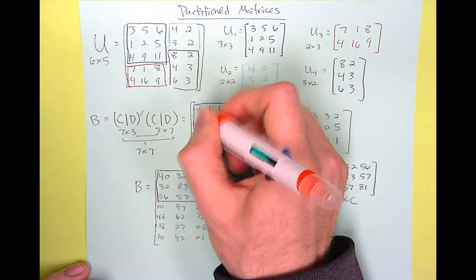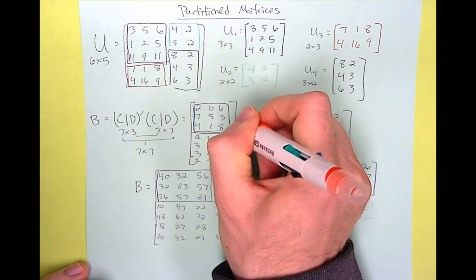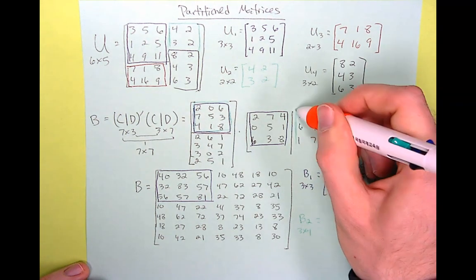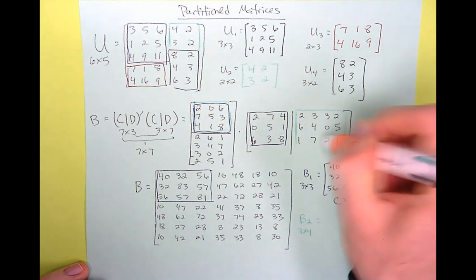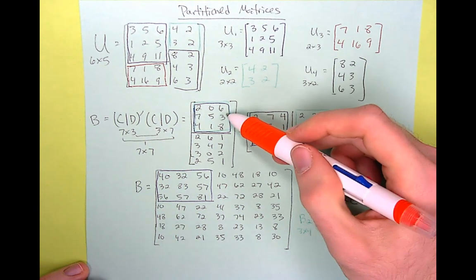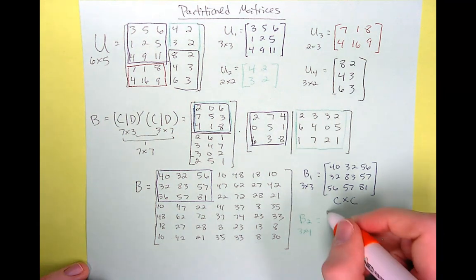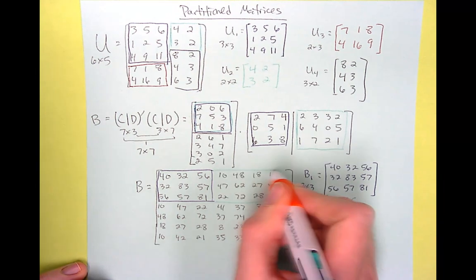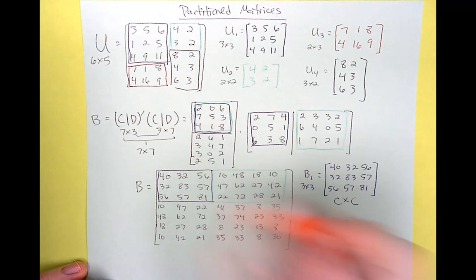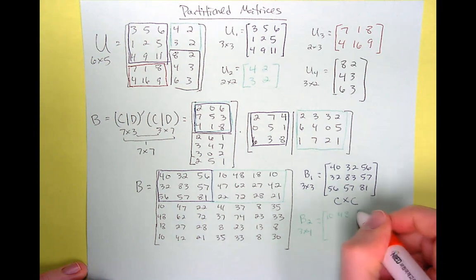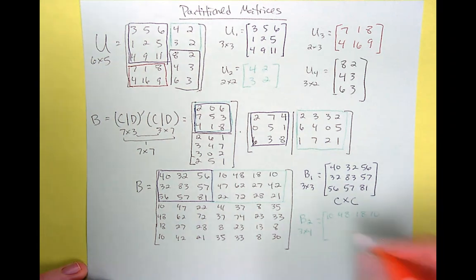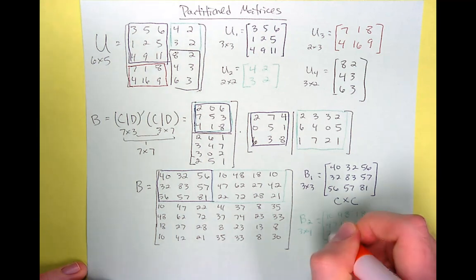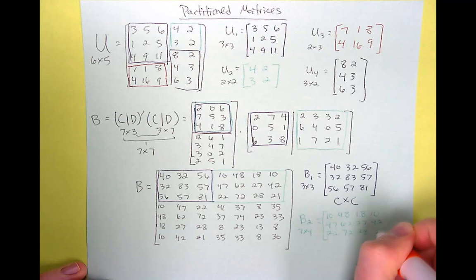Remember, when we do matrix multiplication, this could be that one times this one, which is C times D, which results in this one: 10, 48, 18, 10, 47, 62, 27, 42, 22, 72, 28, and 21.